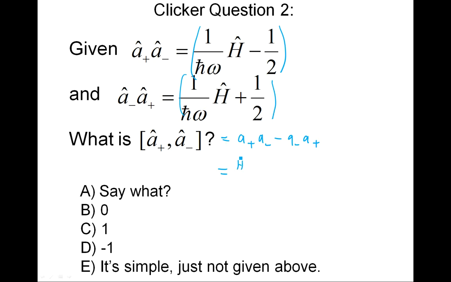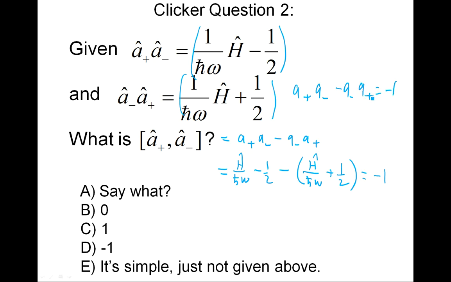So I have, Hamiltonian over h bar omega minus 1/2, minus Hamiltonian over h bar omega plus 1/2. And so the Hamiltonian parts cancel. The two 1/2s add up to be -1. And so I can write here A plus A minus minus A minus A plus equals -1. And so that's my commutation relationship. So hopefully that's what you got, -1.